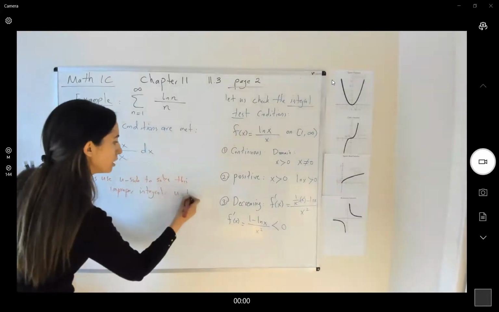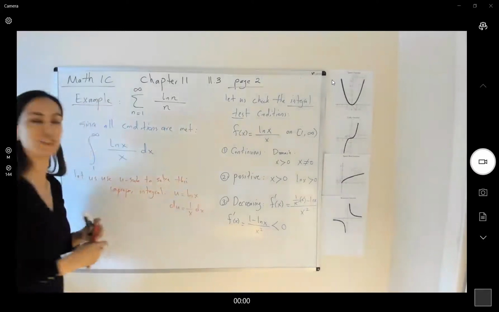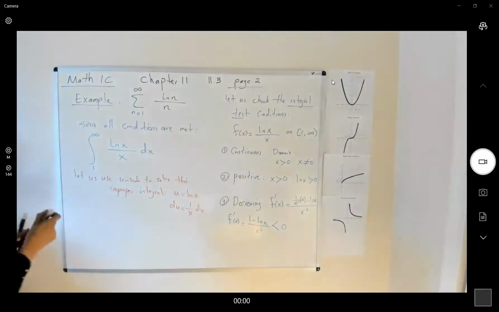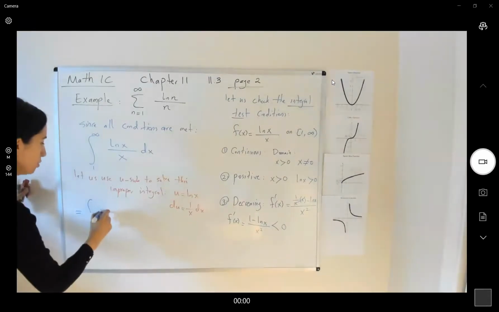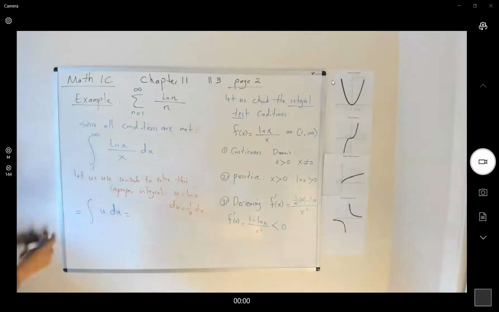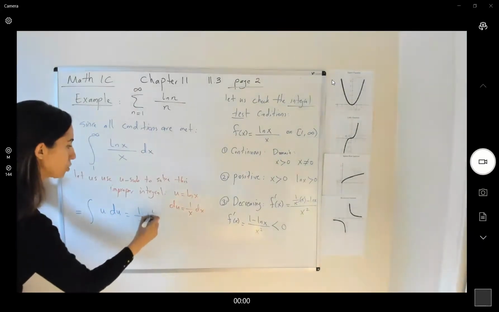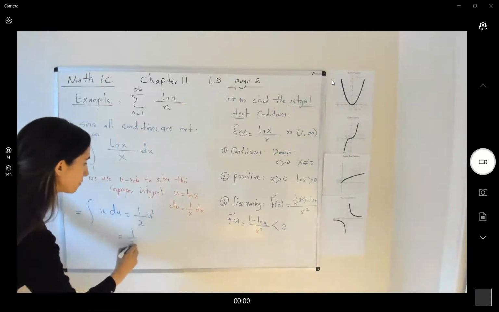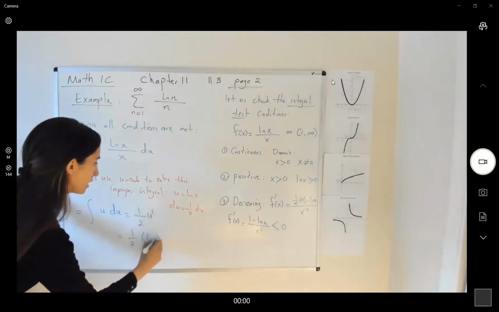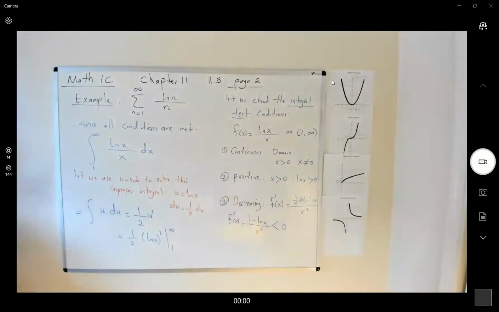So u is ln of x, du is 1 over x dx. So your integral is equal to the integral of u du, which is equal to a half u squared, which is equal to a half ln of x squared, from 1 to positive infinity.